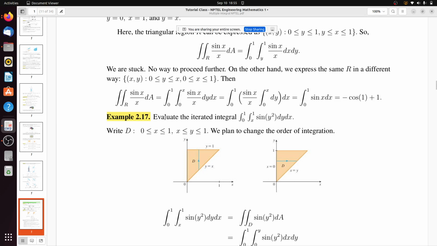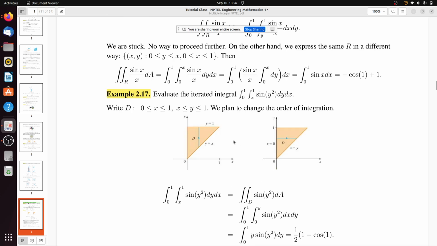You are to determine the integral of sin y square dy dx, and your triangular area is nothing but 0 less than or equal to x less than or equal to 1, x less than or equal to y less than or equal to 1. We plan to change the order of integration. How will we change the order of integration?